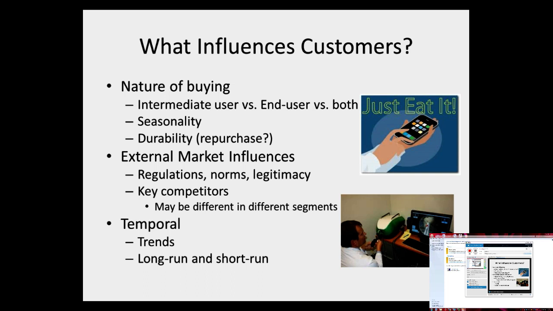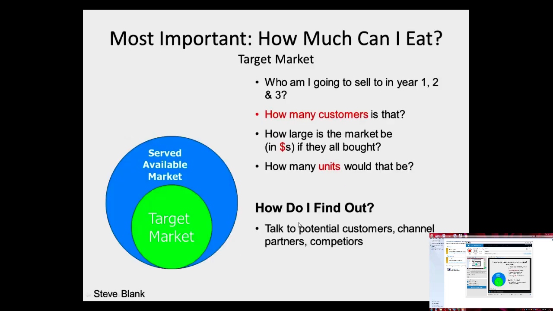One, because there's more people that want to buy things that are good for the environment, but there's also more regulations that make it easier for environmental goods and services to compete. So that's something you can think about. Also, temporal trends. Are there more and more customers? You can think about long and short run.